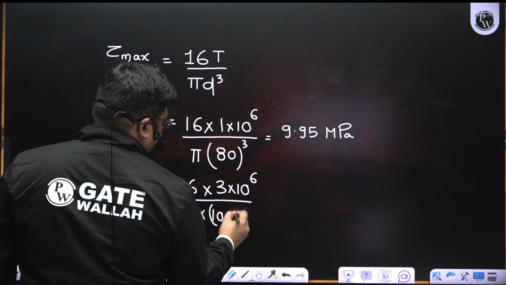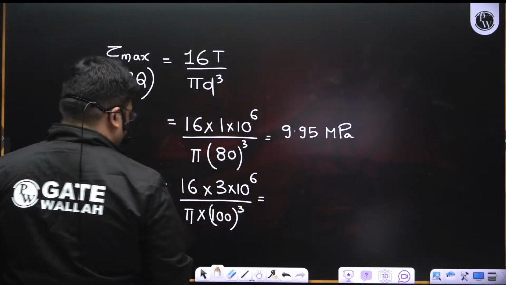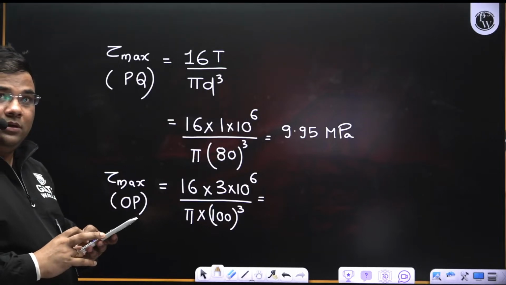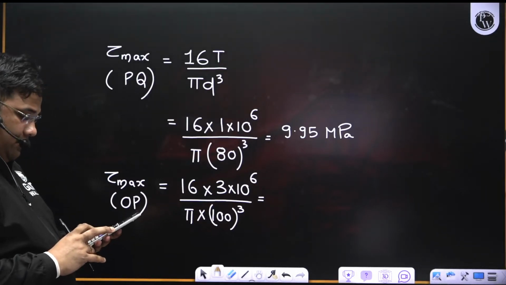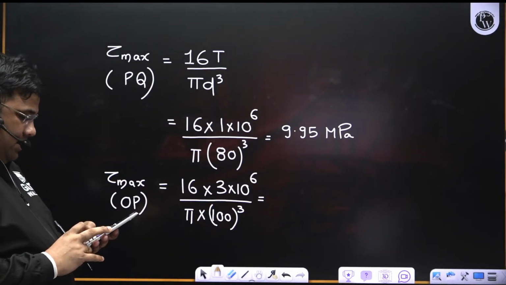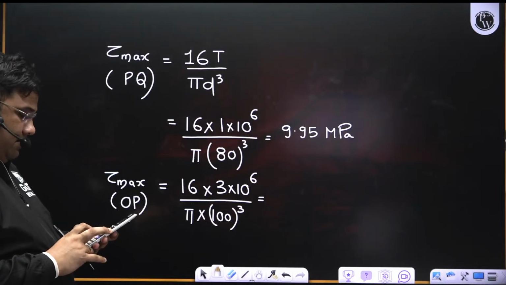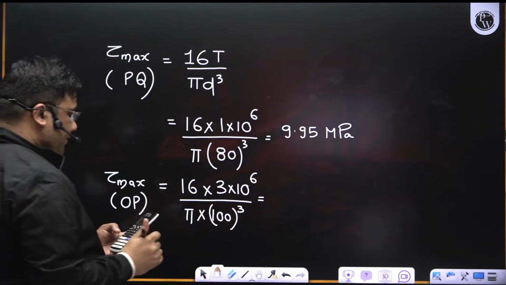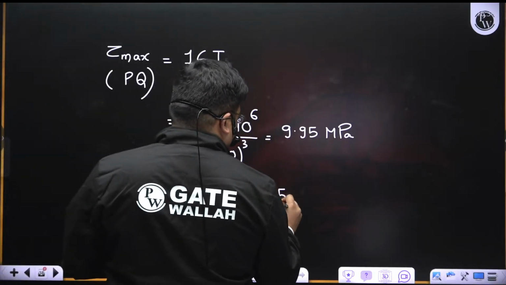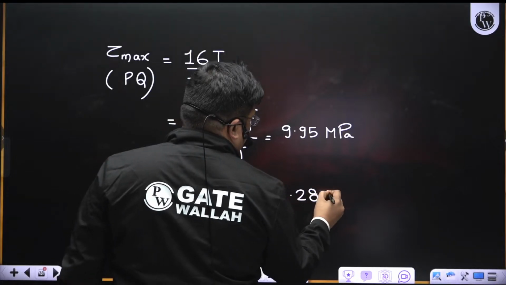So 100 cube. That is equal to 16 into 3 to the power 6 divided by pi divided by 100 cube. So I'm getting 15.28.